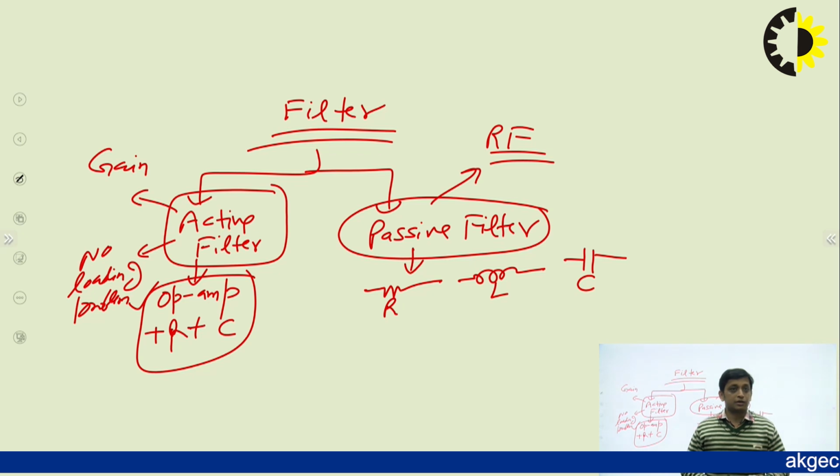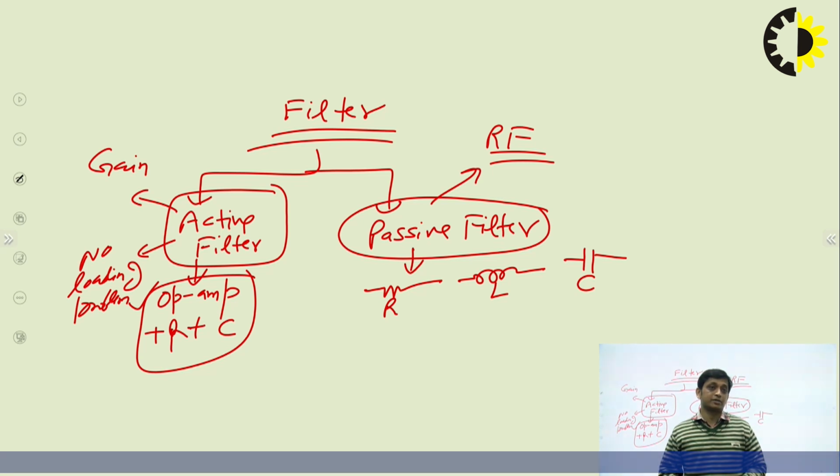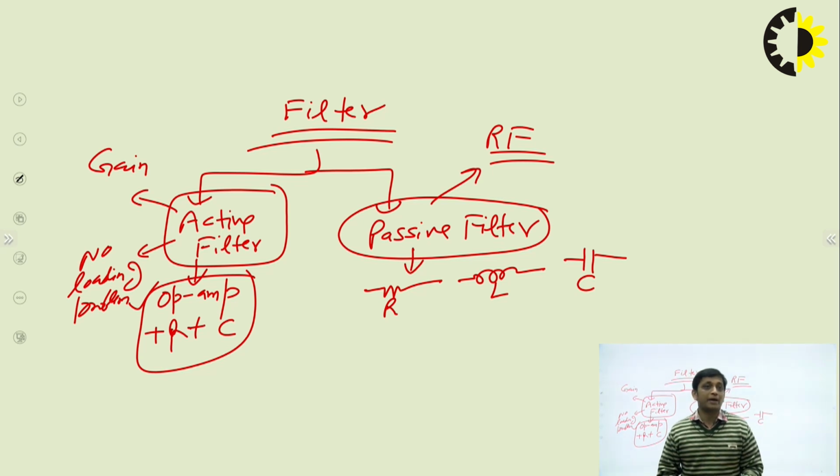We can use inductors at high frequency, at radio frequency. We don't use inductors at low frequency, that is audio frequency, because at audio frequency the size of the inductor becomes very bulky. That's why inductors are not used at audio frequency. Inductors are used at radio frequency.